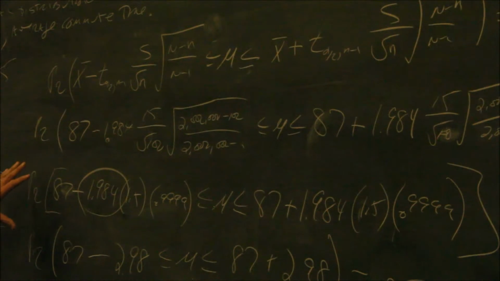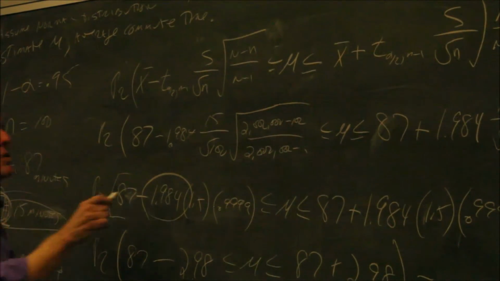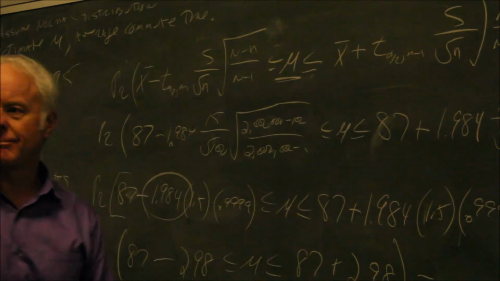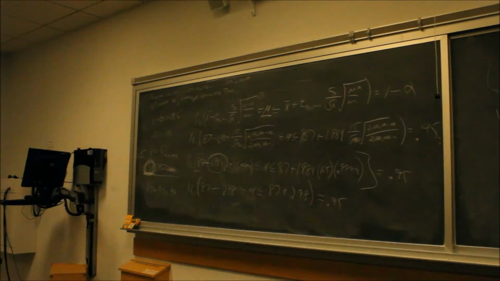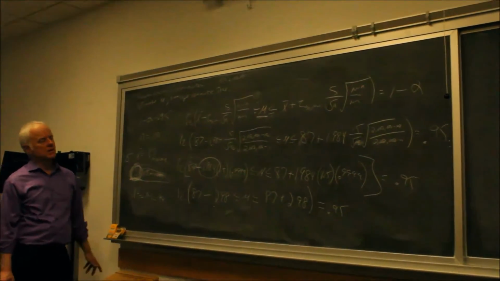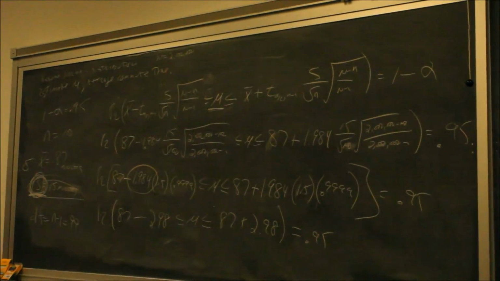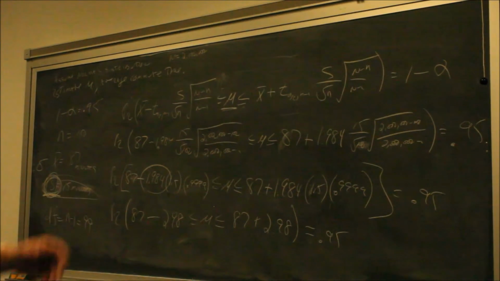Because in the t-distribution, we're using a statistic to estimate the parameter sigma, and we're using this to make an estimate for the parameter mu. Okay, makes sense? What we've done here is we've made use of all the data in constructing our estimate for mu.